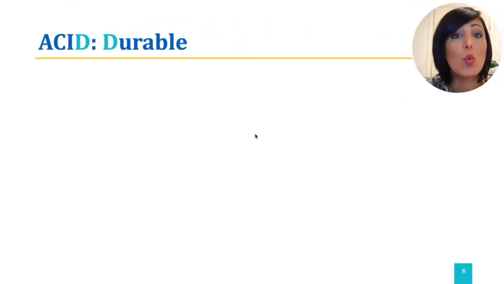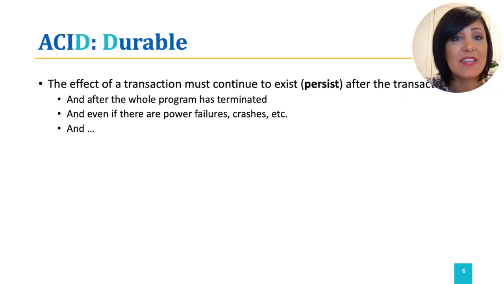Durable means that once a transaction is committed, its effects after the completion should remain in the database. The effects should continue to exist after the transaction, even if unexpected events happen, even after the whole program terminates, even if there are power failures, crashes, and events of the sort.